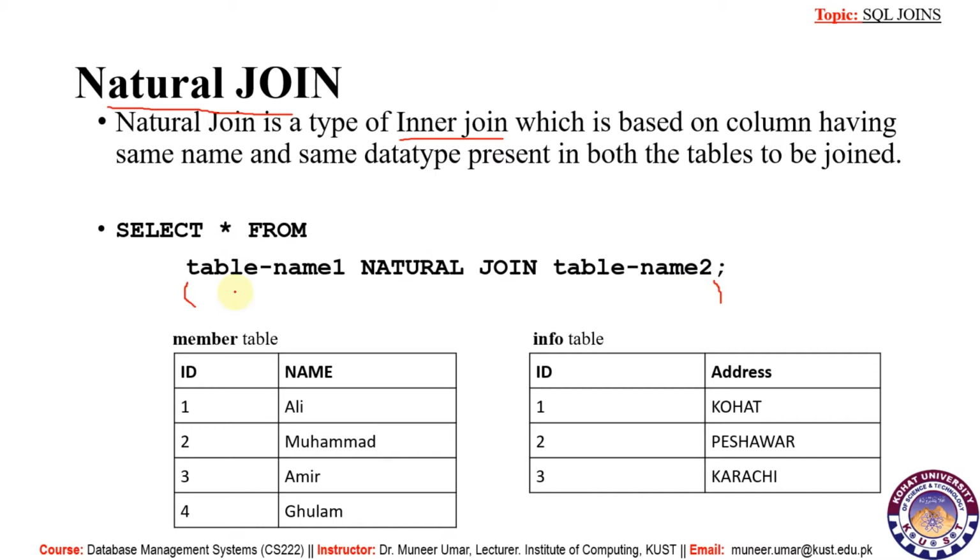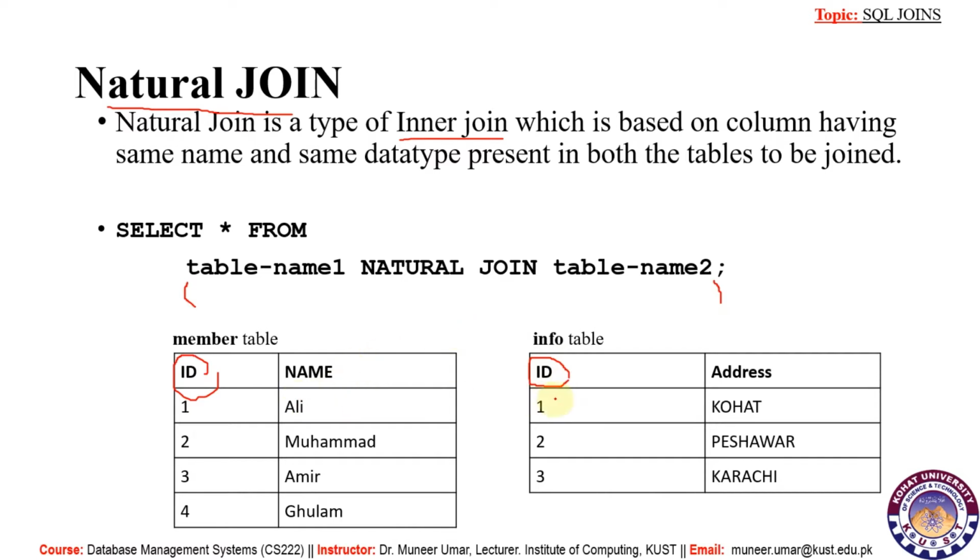Actually we don't use this condition or where clause because this can be used in a case where the common attribute in both the tables has same name and same data type.